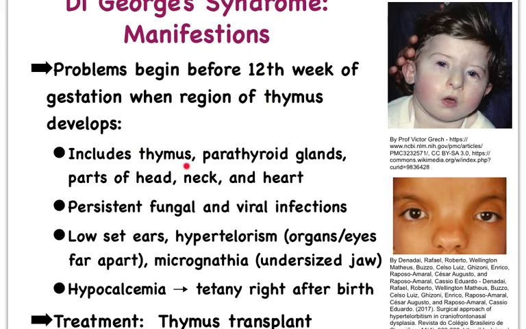Let's first talk about the consequences regarding the thymus. Clearly, this child is not going to produce healthy T cells and is going to consequently deal with all kinds of fungal and viral infections constantly. In addition, because the parathyroid glands are not developing properly, if at all, the patient is going to have issues with PTH levels, which stands for parathyroid hormone.